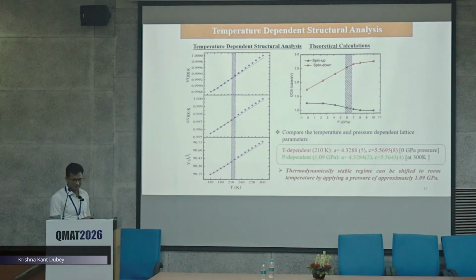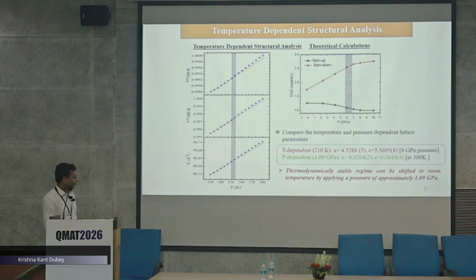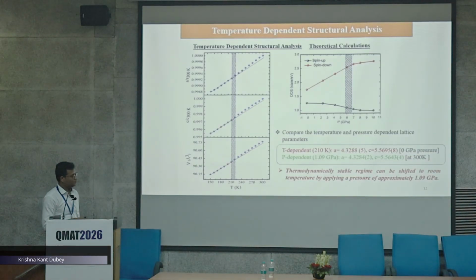We have also performed the electronic structure as a function of high symmetry points, where we also observed the experimental verification: below 6 GPa pressure there is a different electronic structure, and above 6 GPa there is a different electronic structure. That means electrons play a role with the pressure.